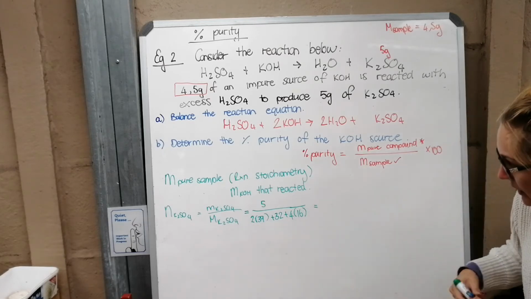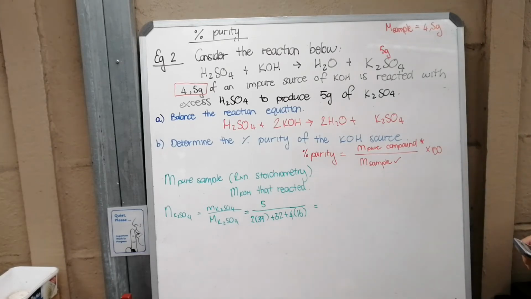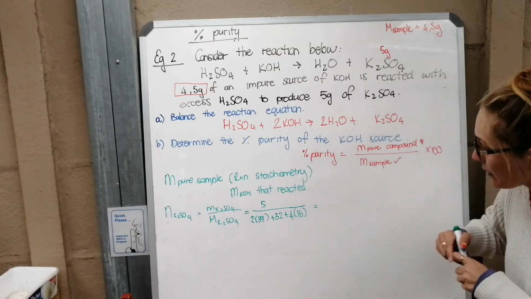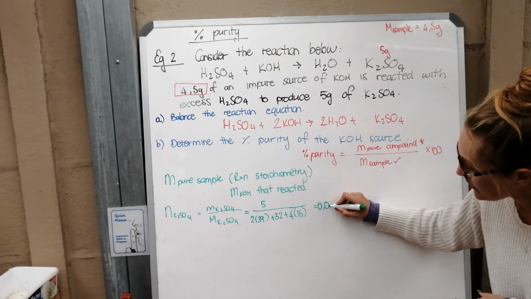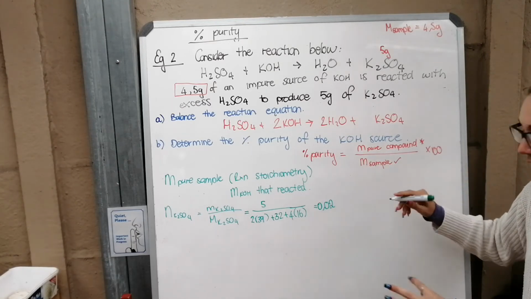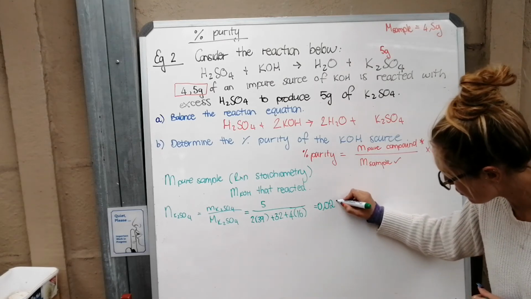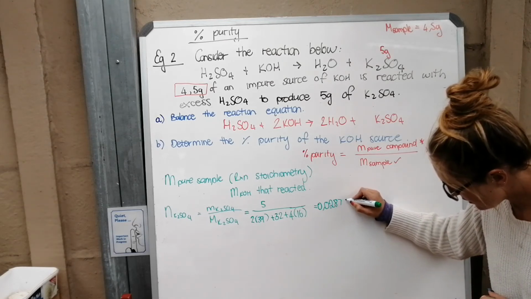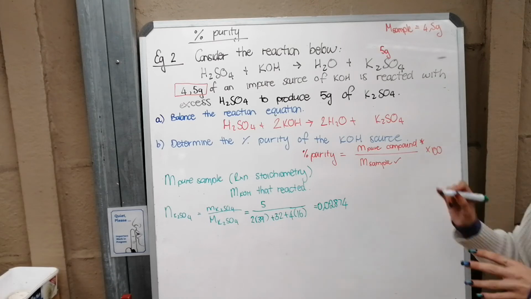Okay, and we get that the number of moles of K2SO4 is 5 divided by 174. We get 0,02874. Now remember you try and keep a number of decimal places here when you're in the middle of your calculation. So 0,02874. I'm going to call that enough decimals for now.